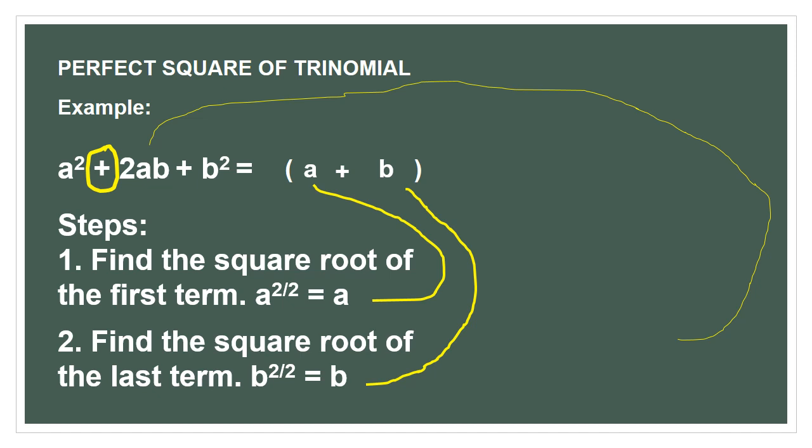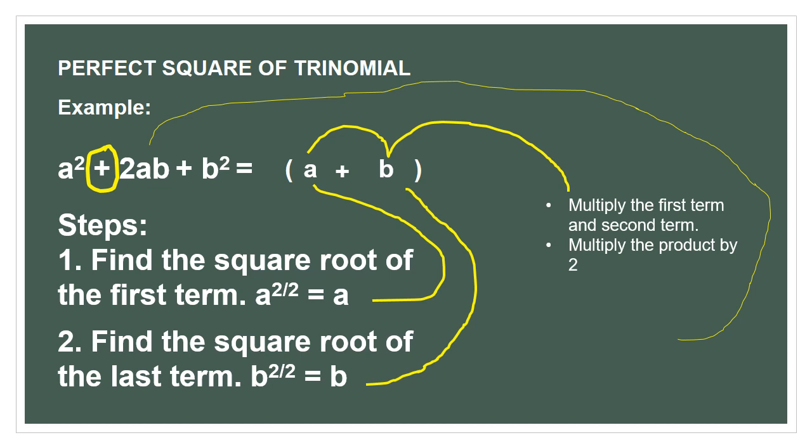So, i-check natin kung ang ating nakuhang binomial factor is tama. Okay, so paano natin yun gagawin? Okay, multiply the first term and second term. A times b. Then, multiply the product by 2. So, ganito ang itsura. A times b is equal to ab. ab times 2 is equal to 2ab.